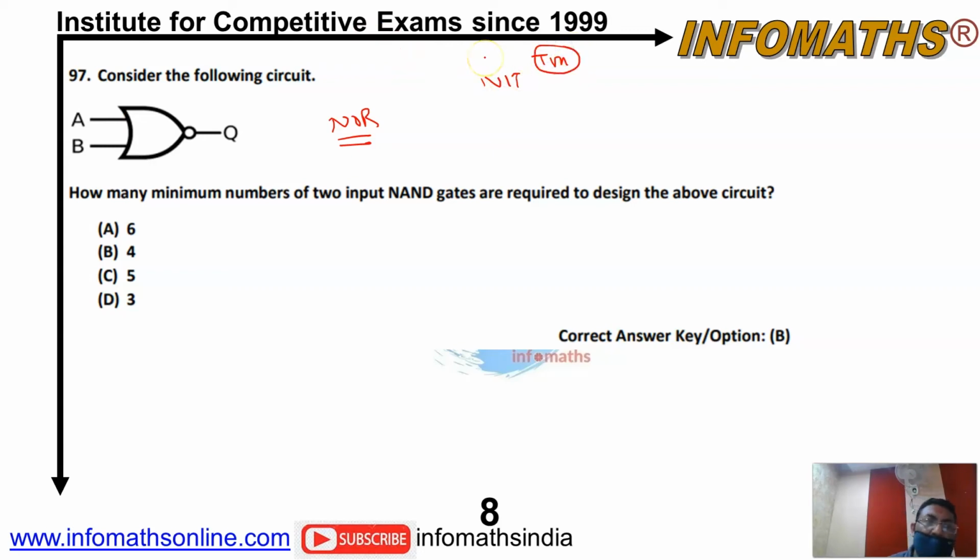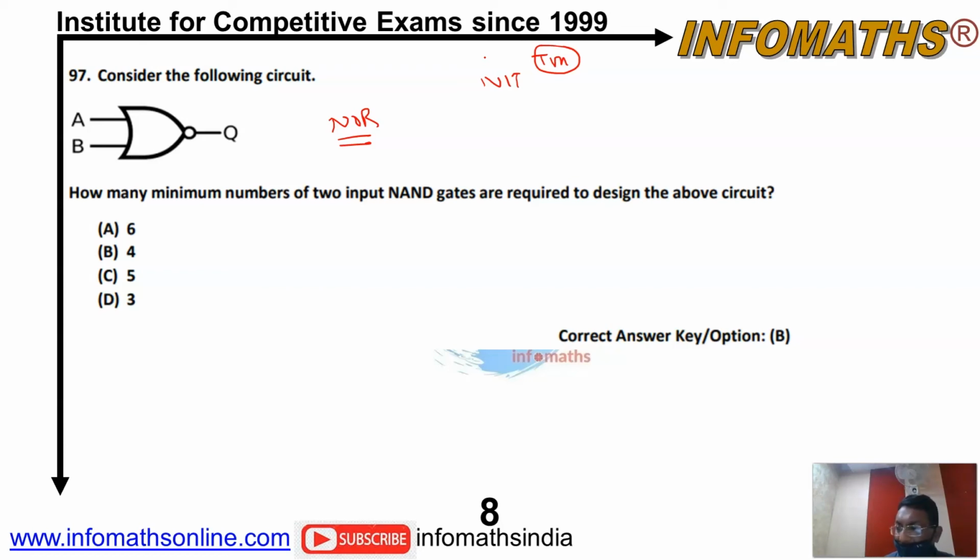In the institute, we show the students why NAND and NOR are universal gates. We show them how we realize all gates using NAND gates or NOR gates. Now this question can be solved by making a design.